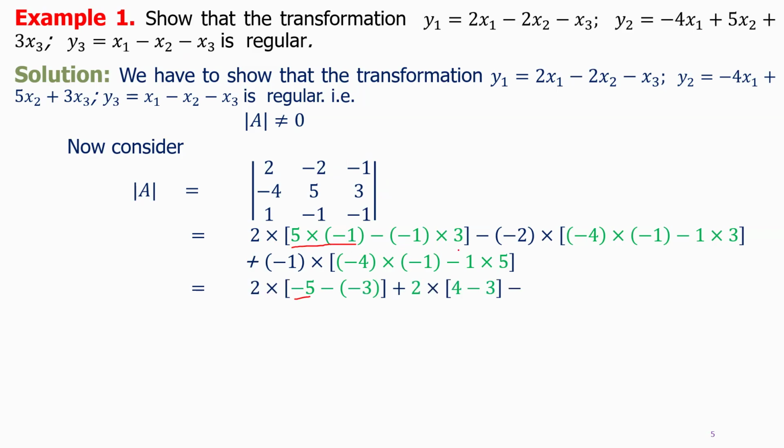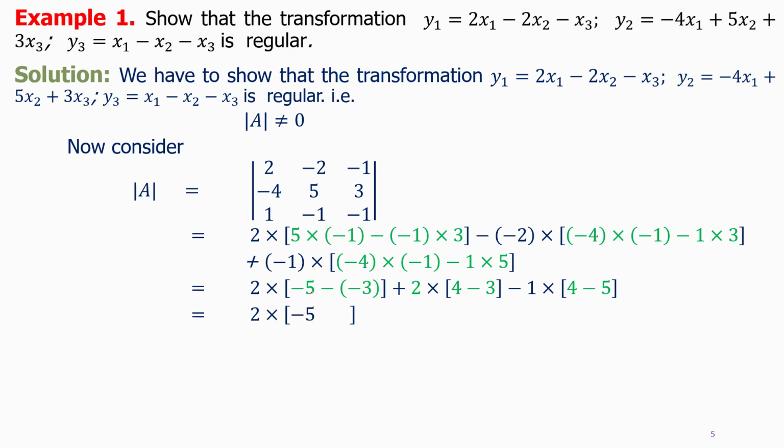Minus 1 into 3 is minus 3. Minus of minus 2 is plus 2. Minus 4 into minus 1 is plus 4. Minus 3. Minus 1, minus 4 into minus 1 is plus 4, and 1 into 5 is 5.